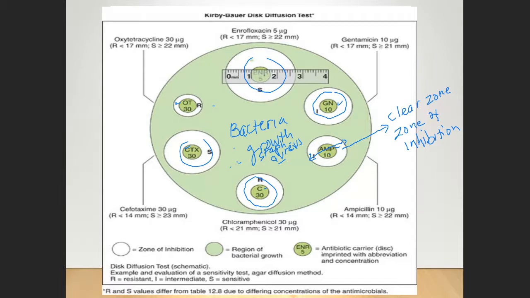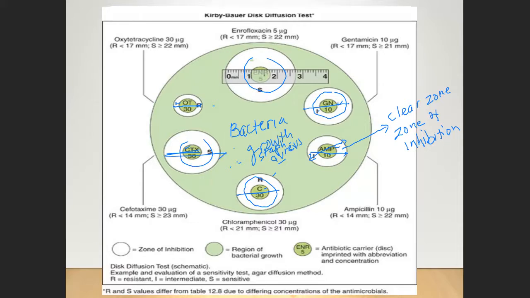Oxytetracycline is only maybe 10 millimeters, so this is the least effective one. This one is the next most effective because it is also wide. This one may be the third most effective, this is maybe the fourth, it's almost similar. This is the fifth, and this is the least effective drug.